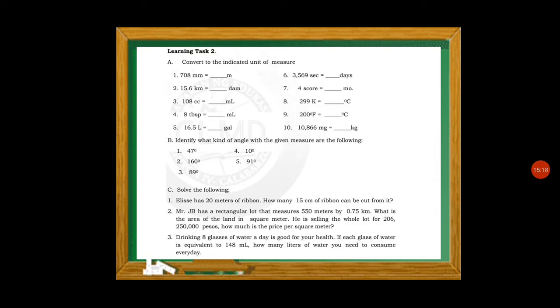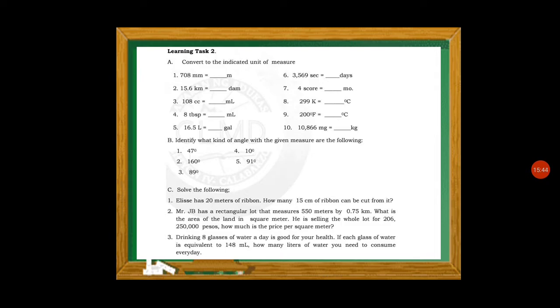Number 6, so that is 3,569 seconds. You have to divide it first by 60 to get how many minutes. Once you get the answer for minutes, you have to divide it by 60, because 60 minutes is 1 hour, so you can get the value of how many hours.